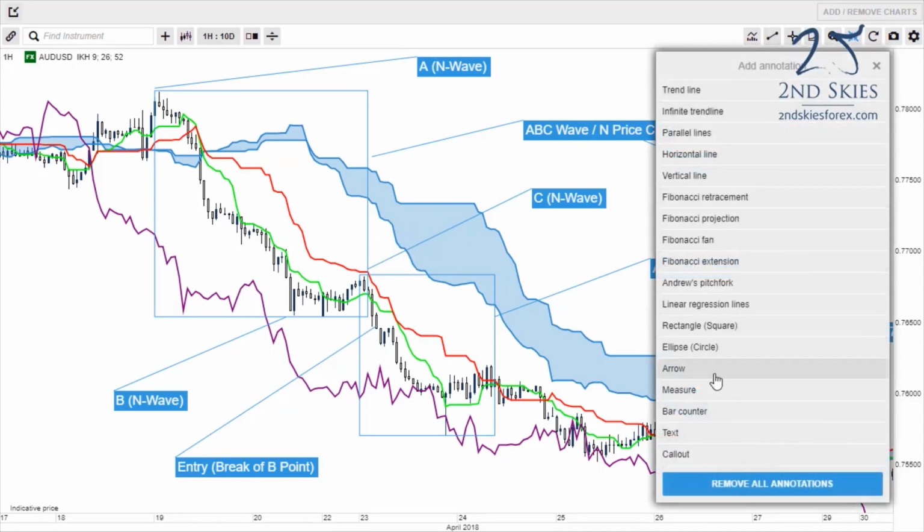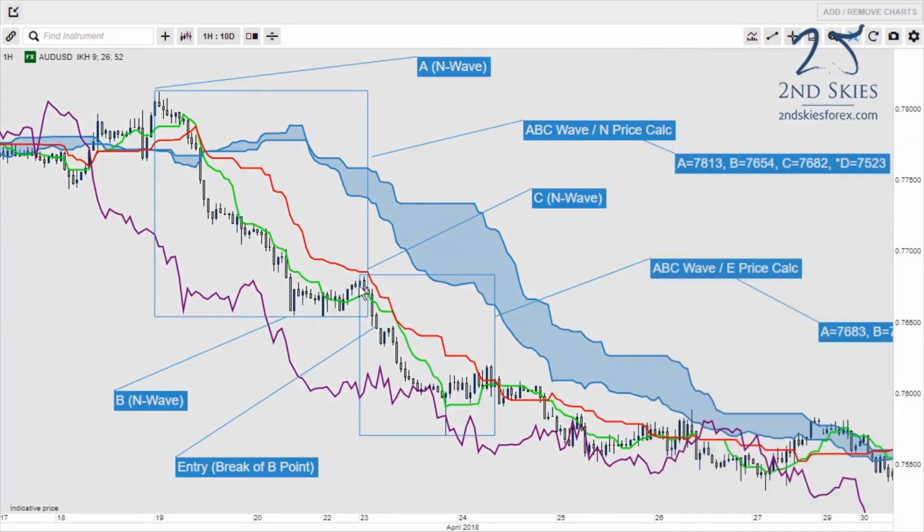For the next type of wave, which is this one here, this is an E-calc, so it's got a slightly bigger pullback. Because we've crossed the Kijun, we have to encroach a little bit further back. So now we're moving into this territory right here. This is the general region of where you're placing your stop loss.